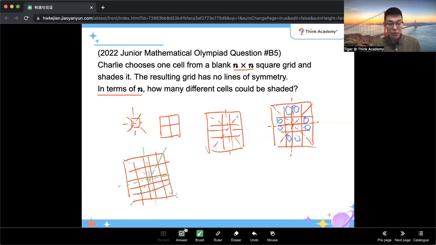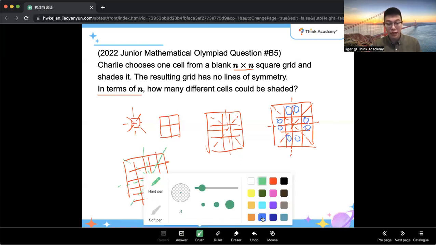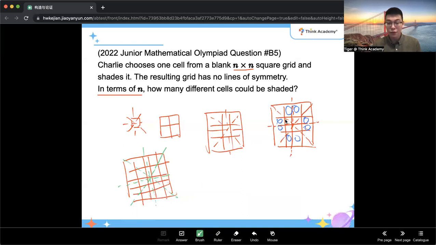So it means that there will be fewer boxes that I can fill in than the 4 by 4 one. I can just fill this one, this one, this one, this one, this one, this one, this one, this one. Oh, not this one, it should be this one. Still 8. It's still 8.